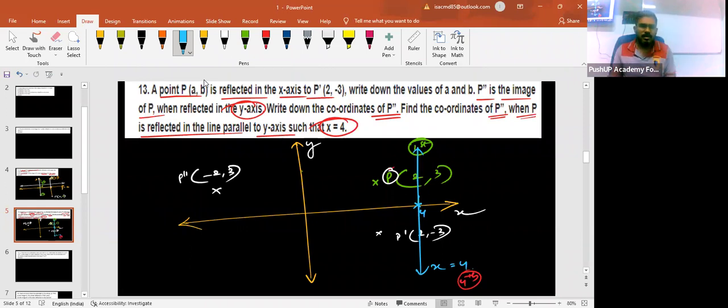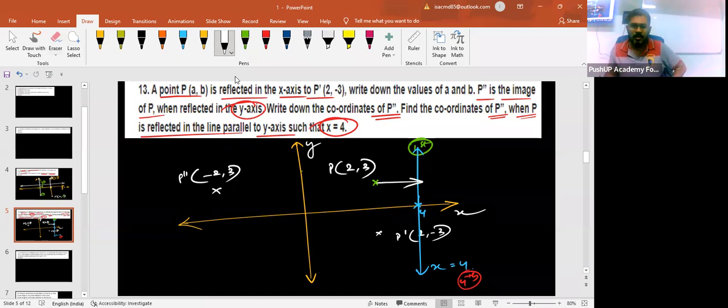Now let's reflect the point P 2 comma 3 with reference to this line x is equal to 4. I'll just rewrite it. This is your point P 2 comma 3. This has to be reflected in this line x is equal to 4. So children, this point P is getting reflected in a line parallel to the y-axis.